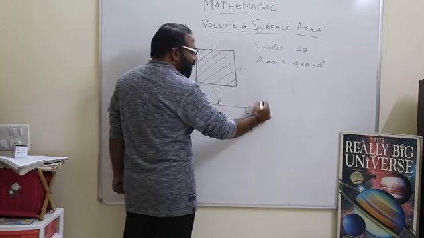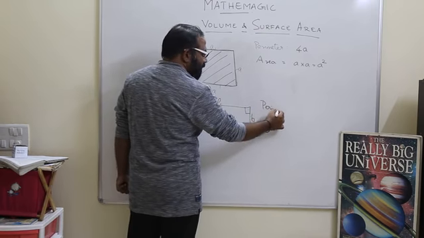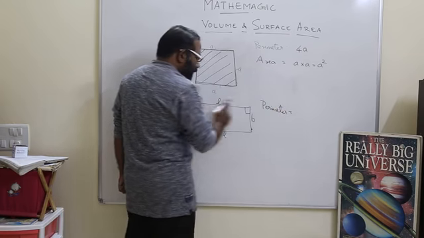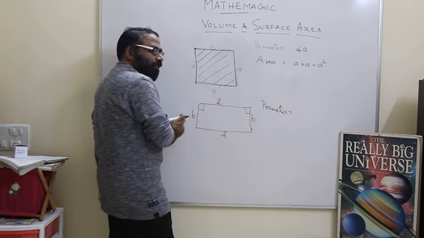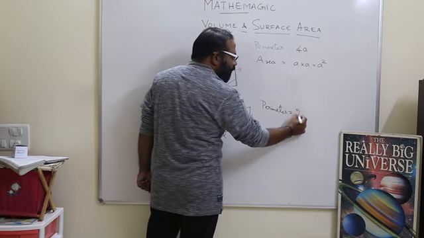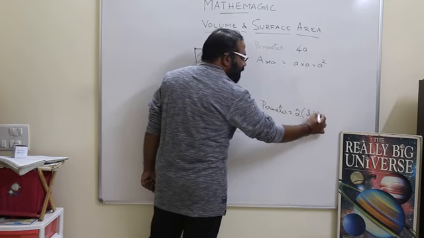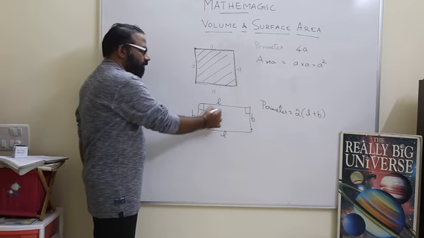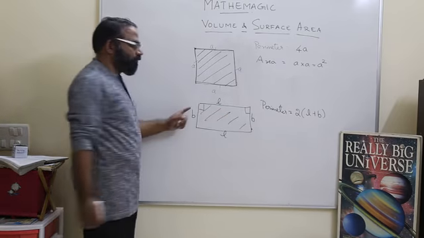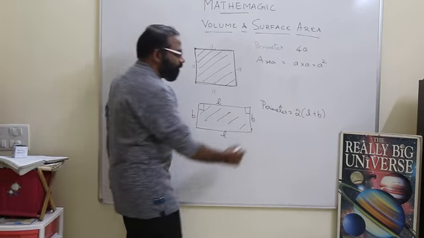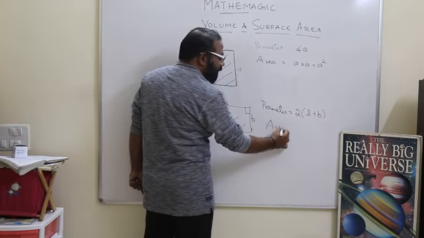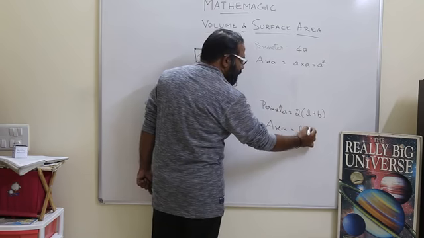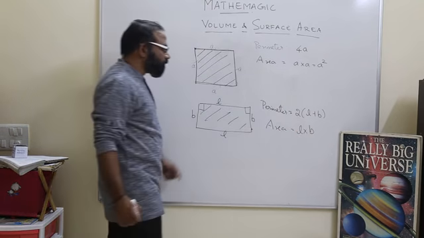Now, the perimeter of this would be L plus B plus L plus B. It's nothing but 2 into (L plus B), and the area of this would be L into B. So the area is L into B.